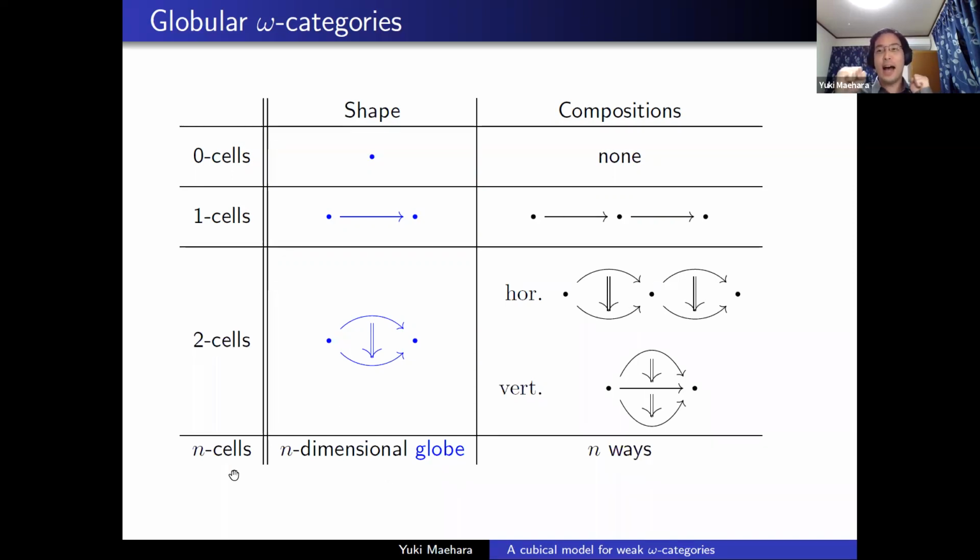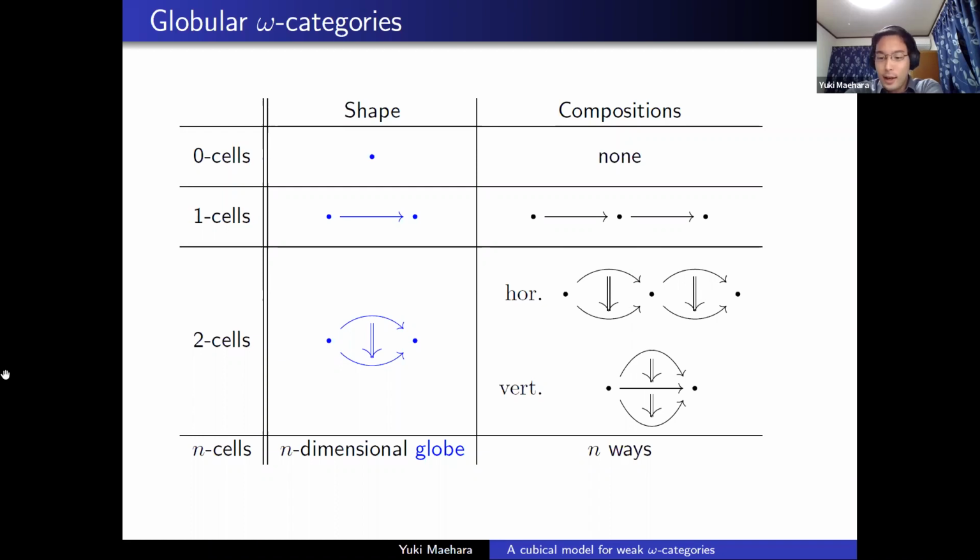So we have two objects, and then two arrows connecting them, forming a circle, and then two cells, two disks bounded by this circle, hence forming a sphere, and so on, all the way up to a pair of n-1 cells, between which is your n-dimensional cell. And these things you can compose in n different ways. This is the most standard definition of omega category.